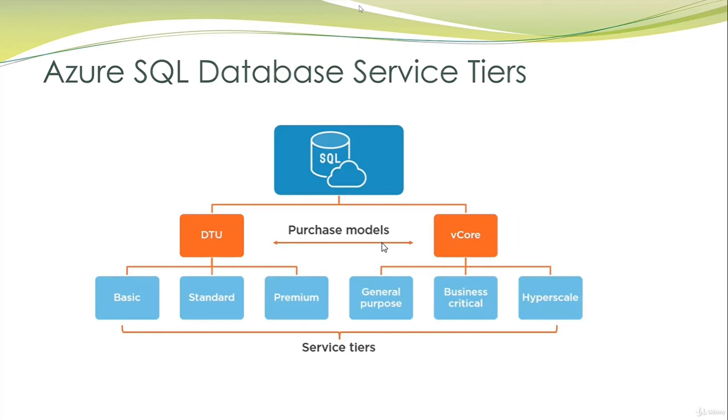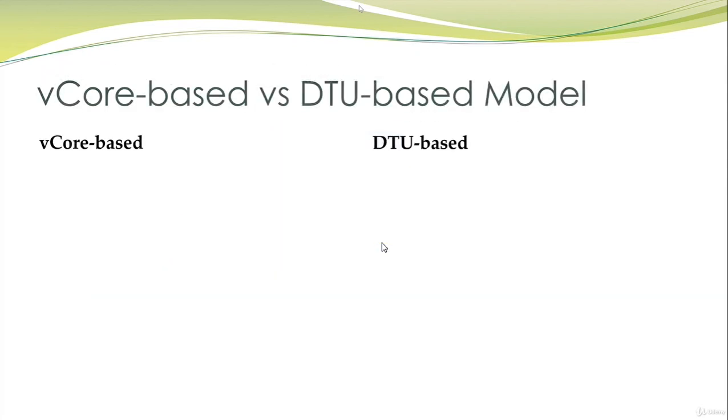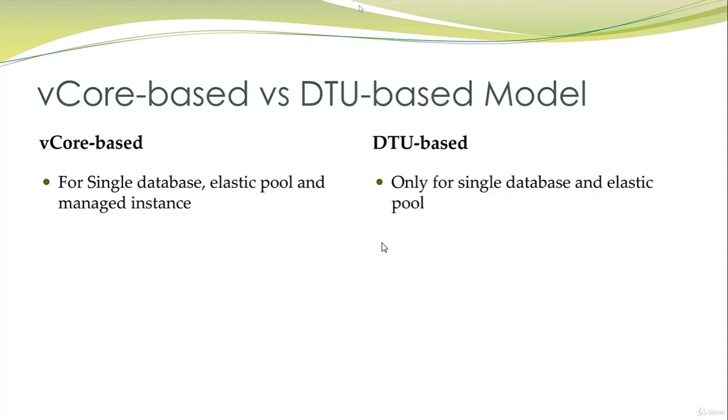So let's compare these two purchasing models in more detail. The vCore-based purchasing model is supported by all three deployment options, including single database, elastic pools, and managed instance. On the other hand, DTU-based purchasing model is only supported by single database and elastic pool.